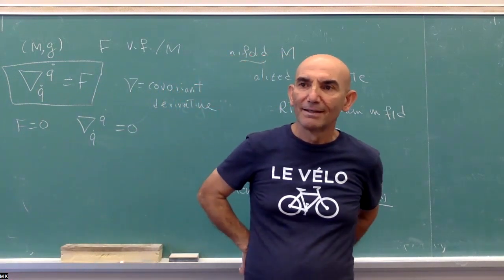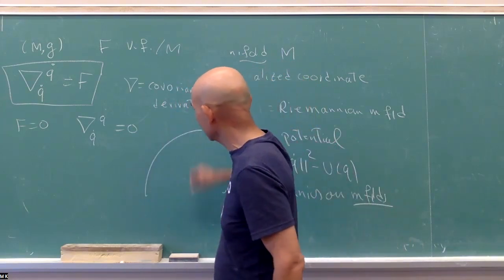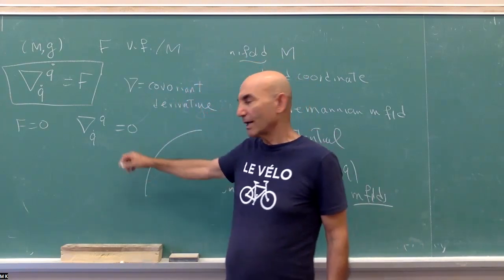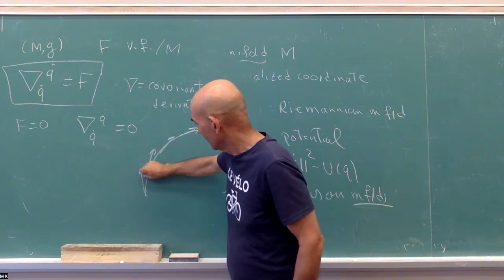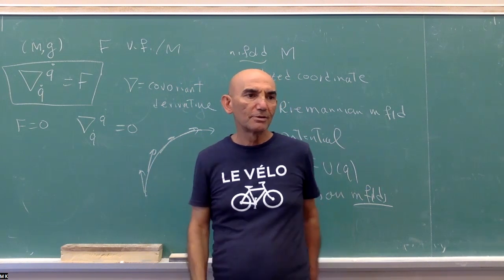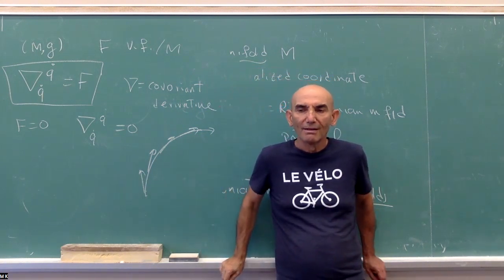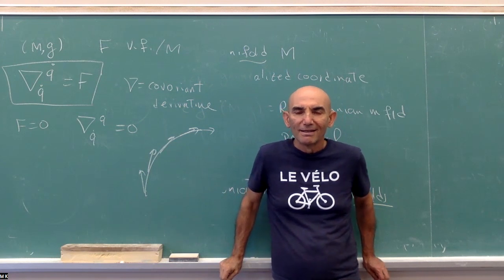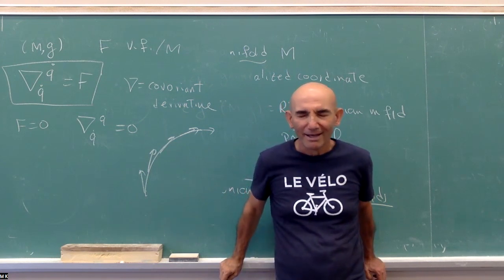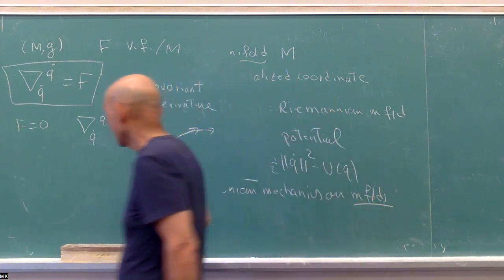We are looking at paths such that the covariant derivative of the tangent vector field with respect to itself is equal to 0. What kind of equation is that? Geodesic, yeah, exactly. That's the geodesic equation.